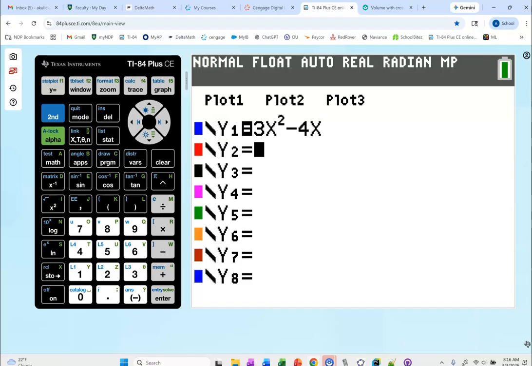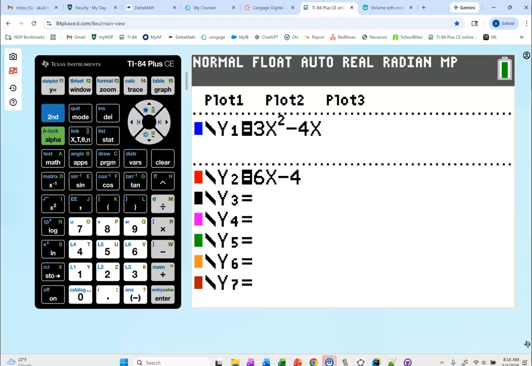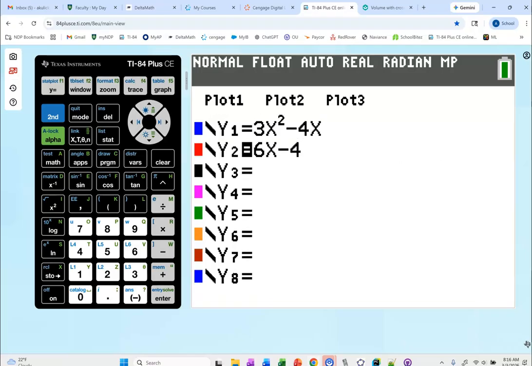So the answer we got was 6x minus 4, right? I'm going to turn off the graph for this because I don't want that to show up. What I can do is the calculator can give me the graph of the derivative. So I'm going to graph the derivative that the calculator gives me, and I'm going to graph my answer and make sure I get the same picture, and that should tell me that I did this problem correctly.